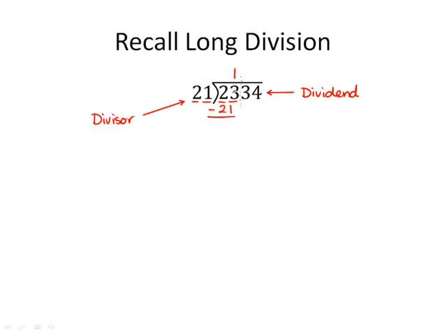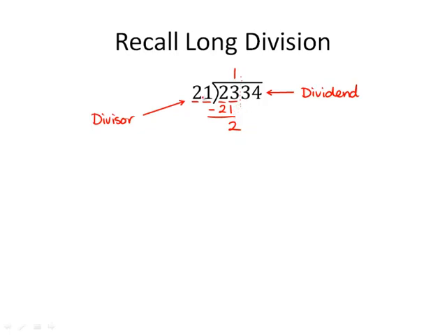We will subtract. 23 minus 21 gives us 2. So that means we were close. Our 2's canceled. Our 3 minus 1 gave us 2. And that's one step of the division algorithm.